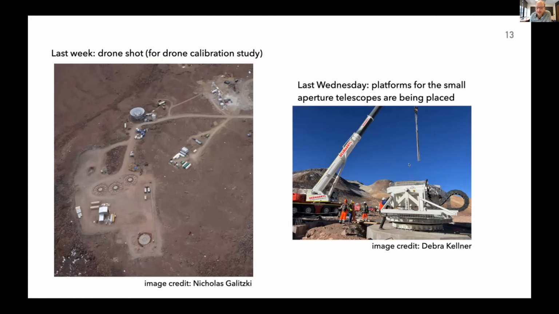And 2 days ago, on top of this concrete base, the base itself for the small aperture telescopes was being placed. So that's an important milestone for us. Okay, so now with those overviews of the experiments out of the way, I want to talk about some of the data analysis challenges.